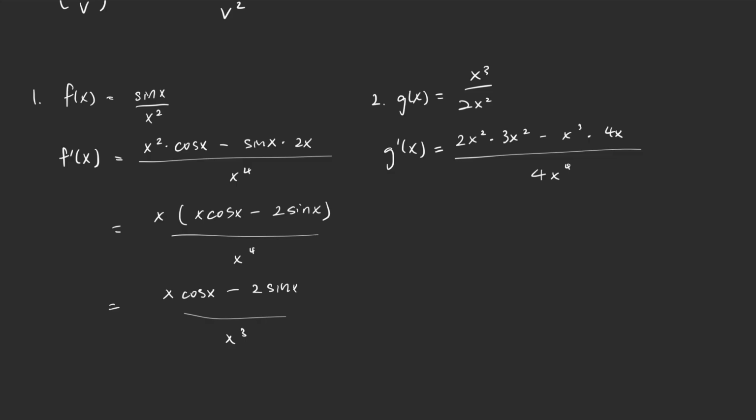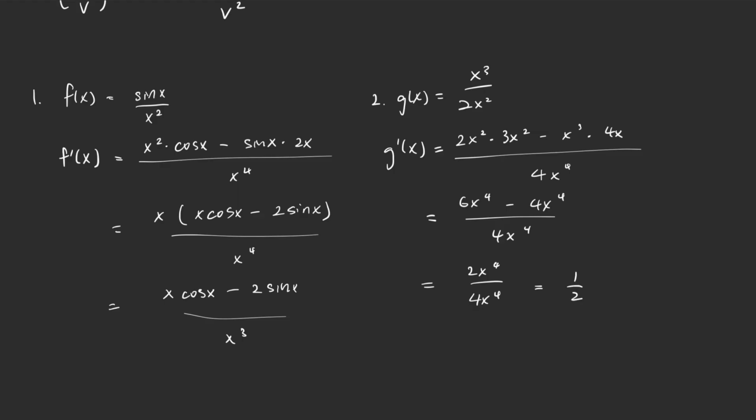And let's simplify this. Our first thing is 6x to the fourth minus 4x to the fourth over 4x to the fourth. And this is 2x to the fourth on top and 4x to the fourth below. And this just simplifies to half.